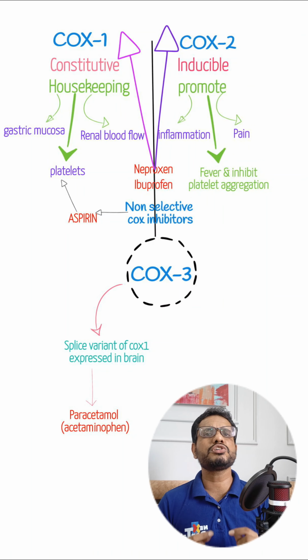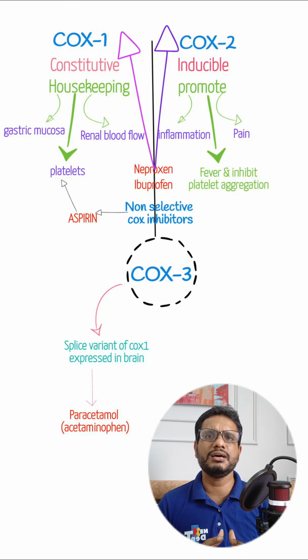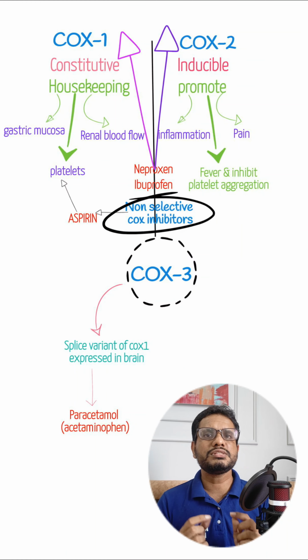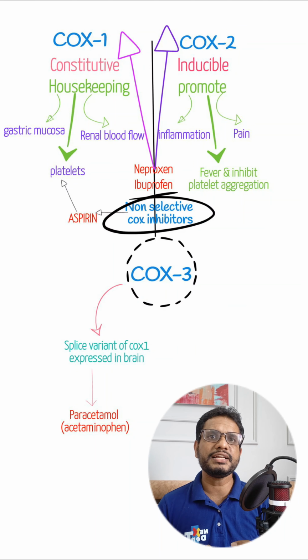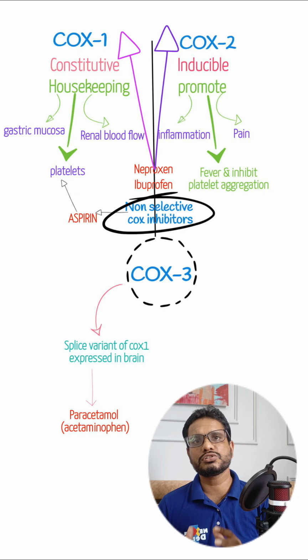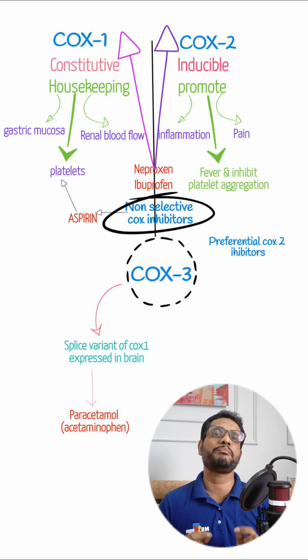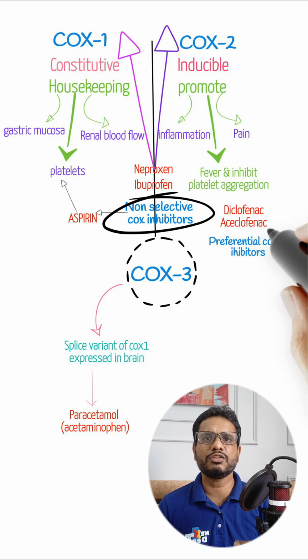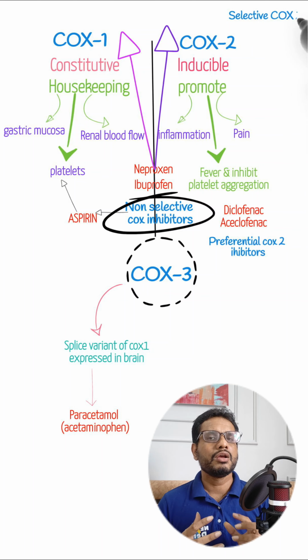They inhibit both COX-1 and COX-2 to almost similar extent, and these drugs are known as non-selective COX inhibitors. There are drugs that have more affinity towards COX-2 than COX-1 and hence are known as preferential COX-2 inhibitors. These are drugs like diclofenac and aceclofenac.